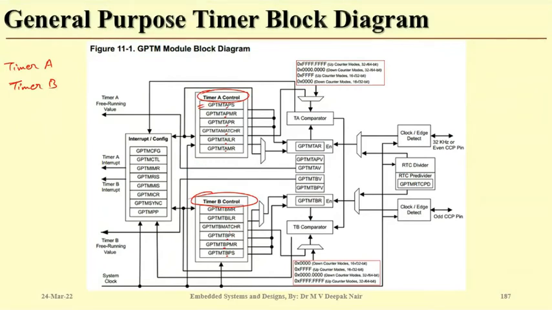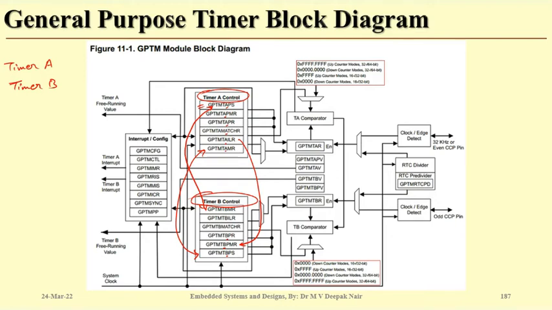If you want to check, it is just a mirror image. For this register, these two are the same. Then you have these two registers, these two are the same, and so on. The topmost is the same as this one. The only thing is the name is different. One is TAPS, the other one is TBPS.